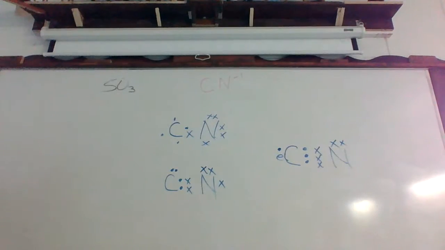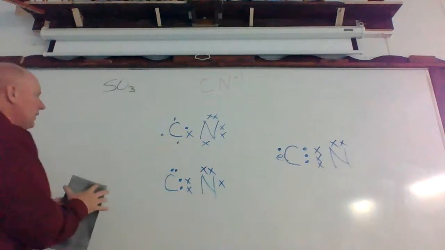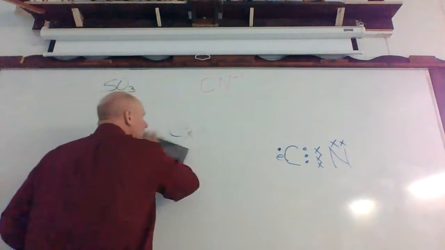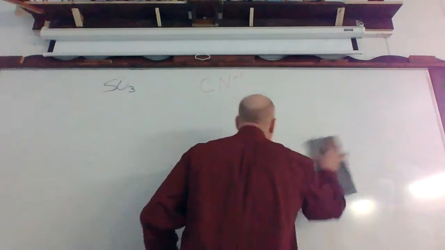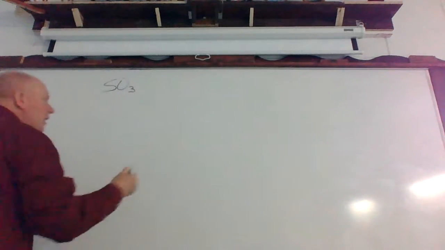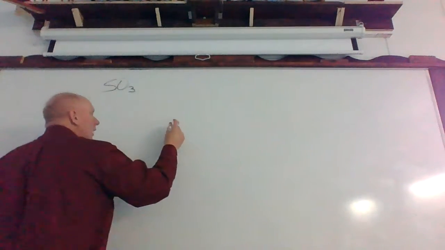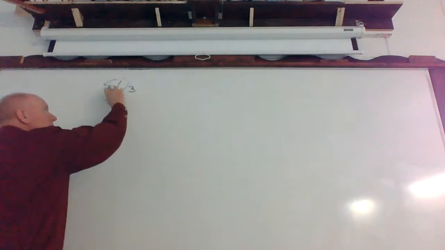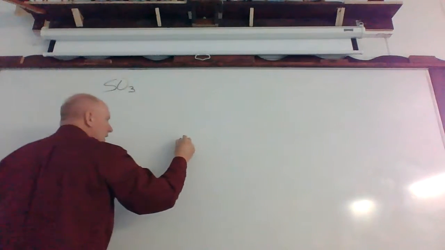Okay, so sulfur trioxide, SO3. So what that would mean then is, again, if you were to try this, okay, sulfur is going to go in the middle because we have all them oxygens rotating around.